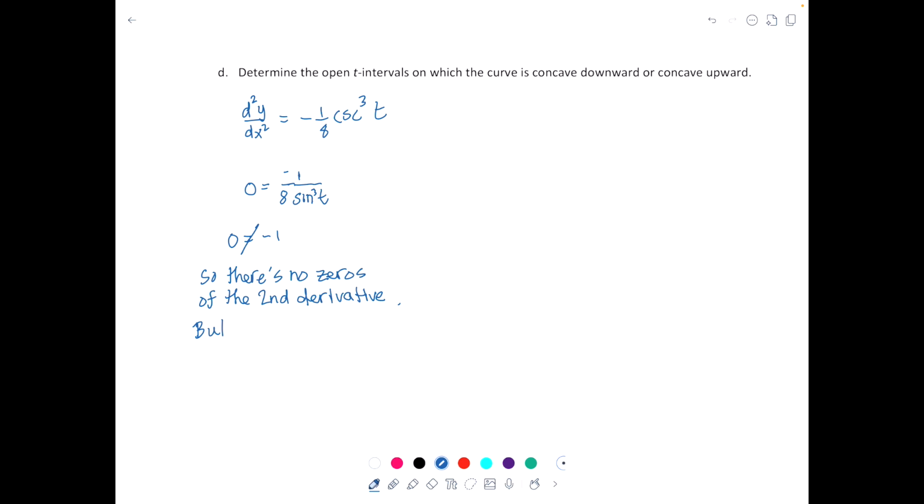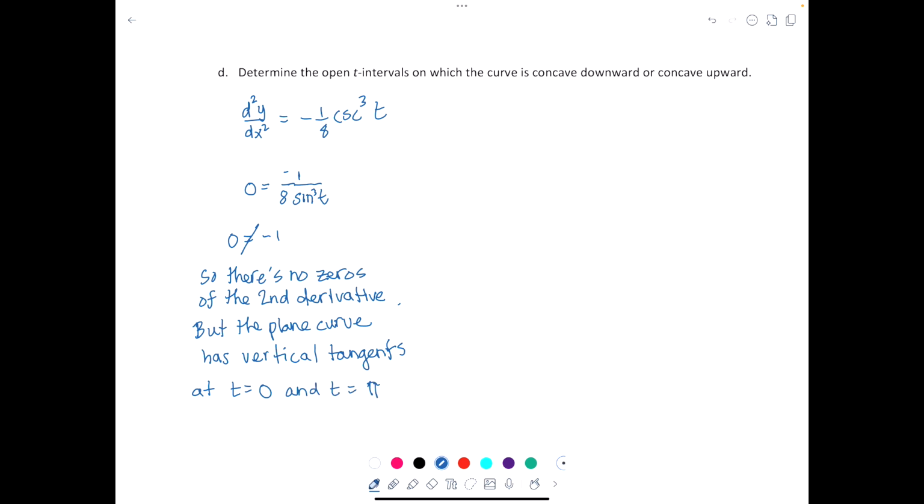But the plane curve has vertical tangents at t equals 0, which we didn't include on the last one, and t equals pi. So we can use those to make our number line.